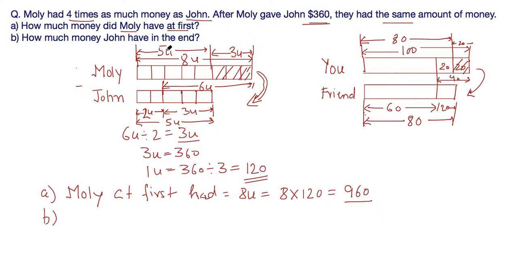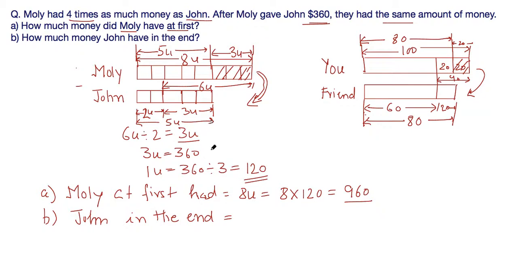And what's part B? Part B is how much money John has in the end. So who will tell me how much money he has at the end? We know that both of them have 5 units.